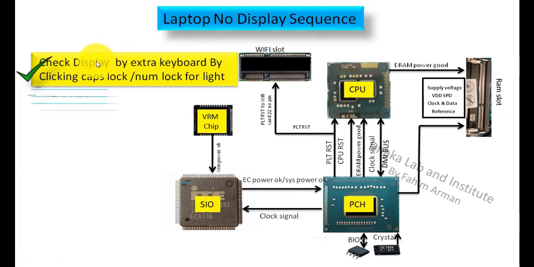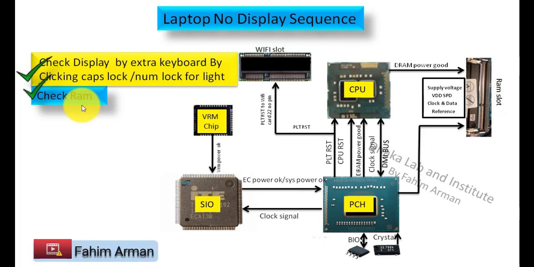In the second step, you should check the RAM. RAM is very important, and if you have a no display problem, you should first change the RAM, and the display may come after changing it.